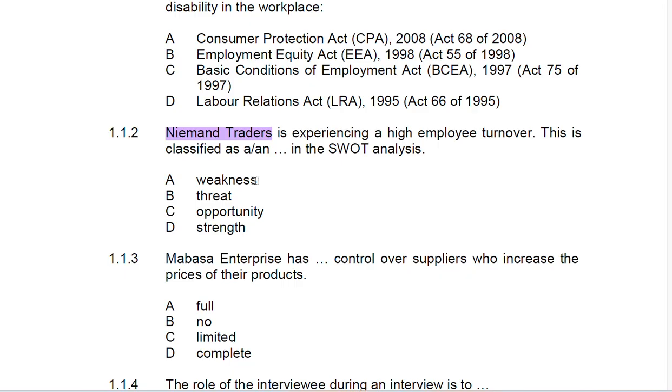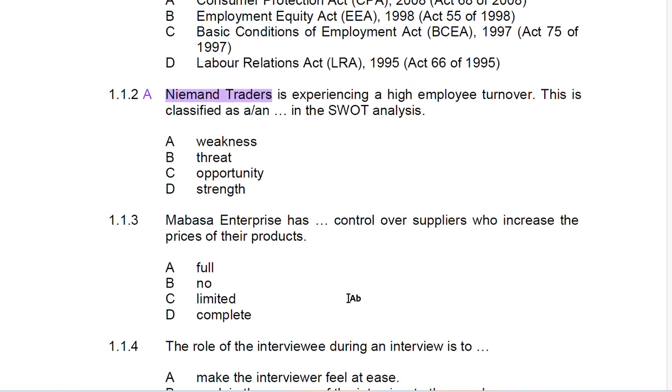The reason it is weakness is because this is an issue that is experienced by Naimed Traders internally. It is not an issue, or the high turnover issue, that is faced by the industry as such. Now, to answer this question, again, candidates, you'll say the correct answer is A. Now we're going to move to the next question.